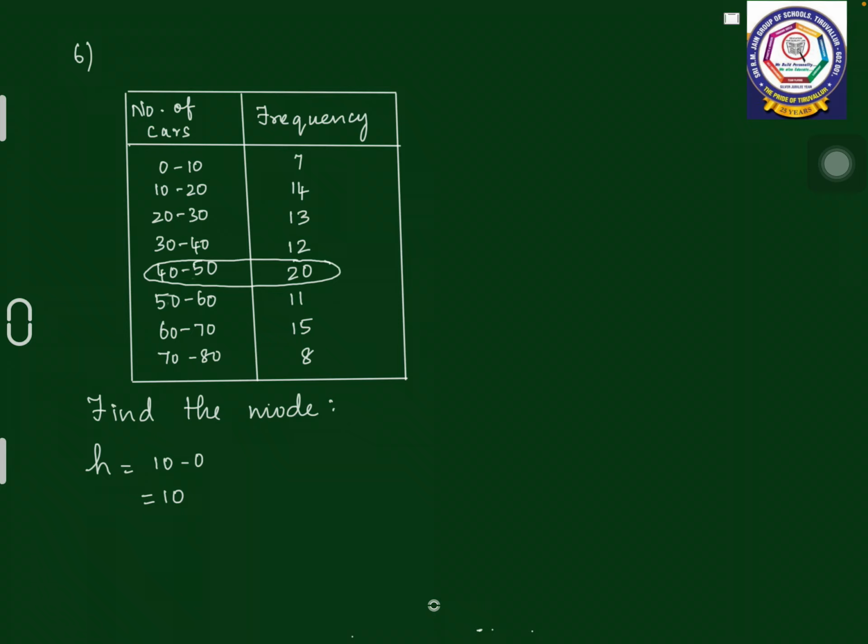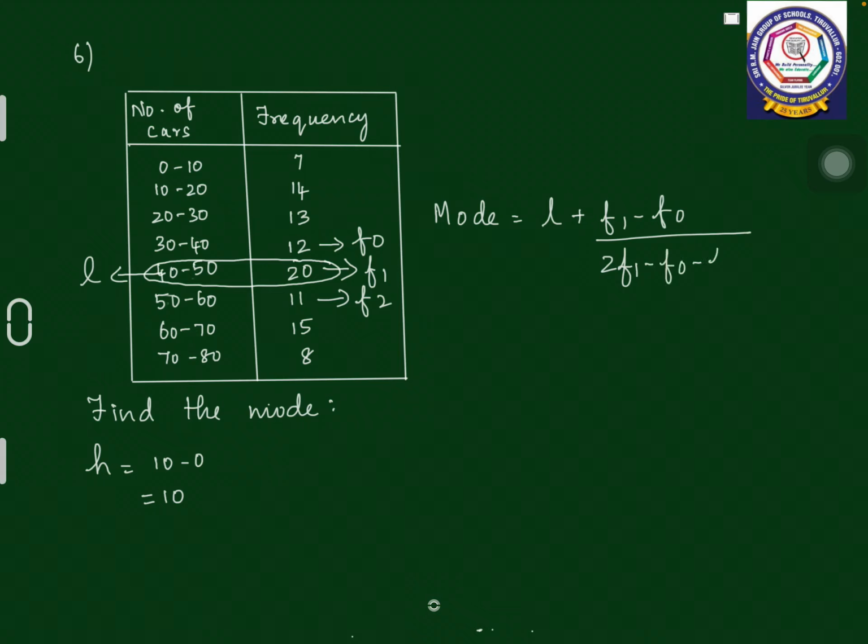Among 7, 14, 13, 12, 20, 11, 15 and 8, the highest is 20, so that class interval is taken as the modal class. Here the lower limit is L, the frequency is F1, the preceding frequency is F0 and the succeeding frequency is F2. Mode is L plus (F1 minus F0) by (2F1 minus F0 minus F2) into H.